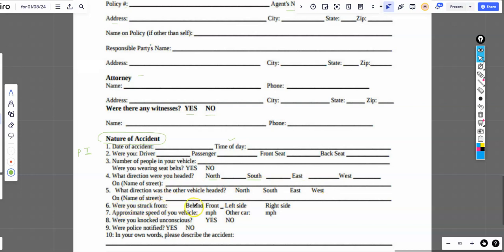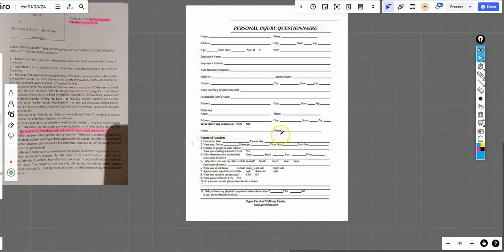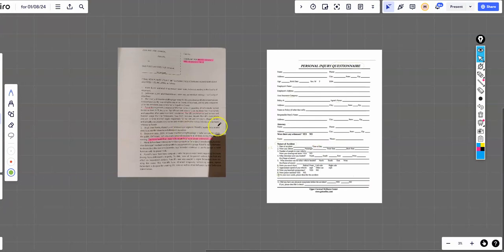Were you struck from behind, from the left side, the right side? Approximate speed of your vehicle? Were you knocked unconscious? Were police notified? In your own words, please describe the accident. So now you're going to have your actual client describe the accident, and you can use that as facts also. So that's just an example of a questionnaire.